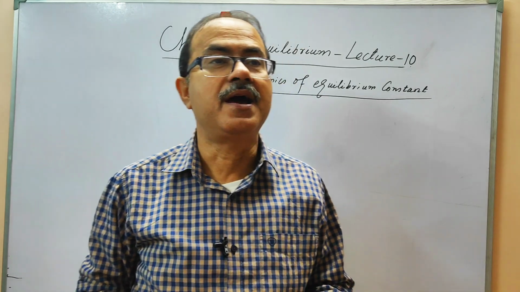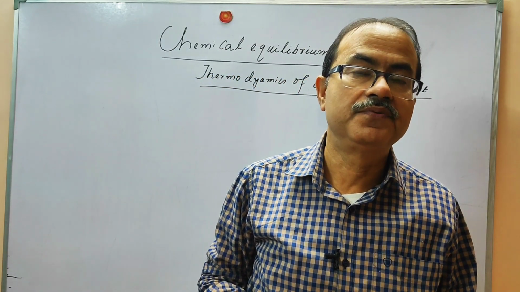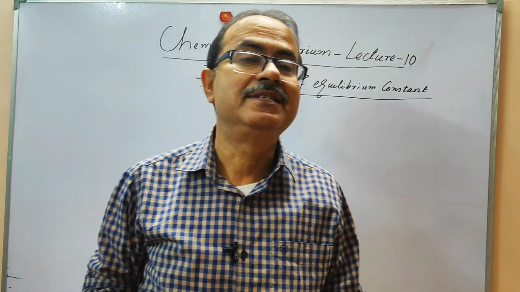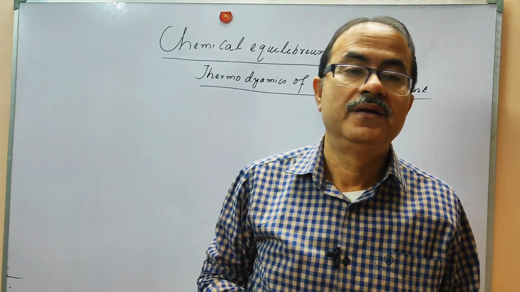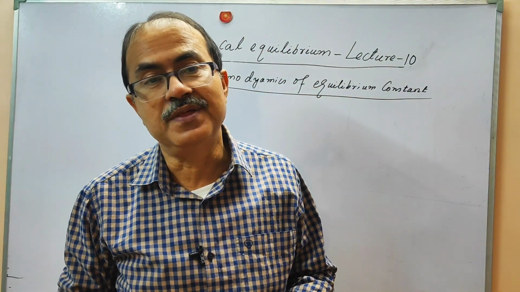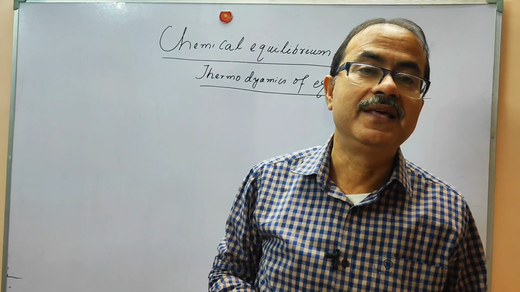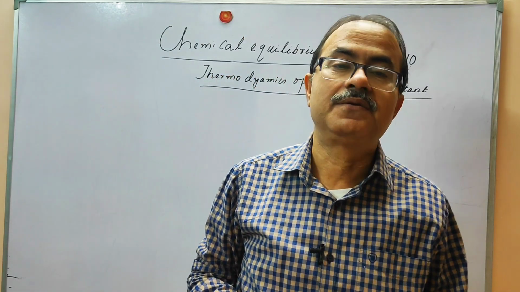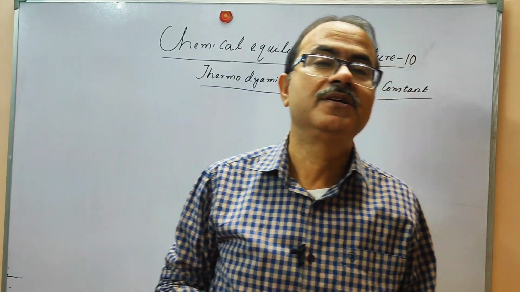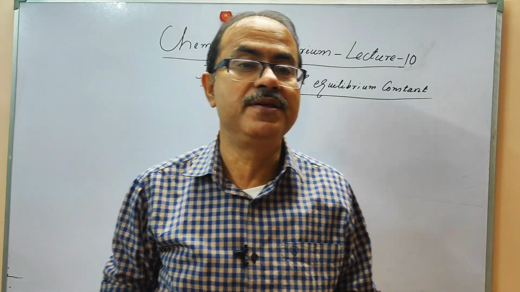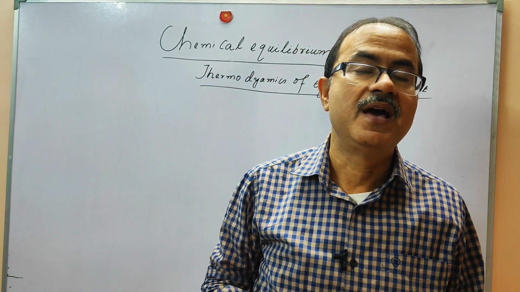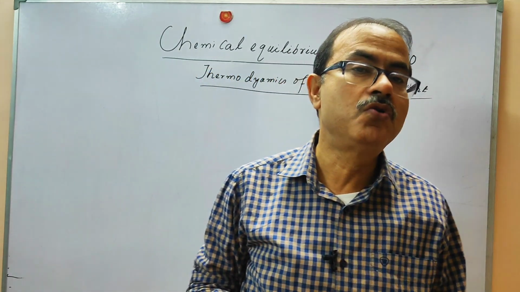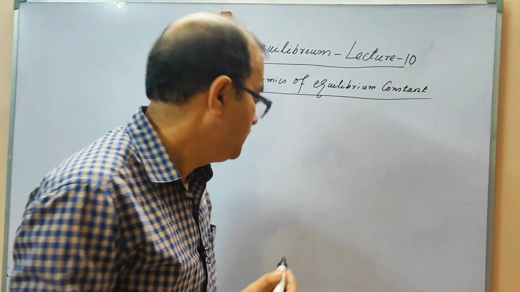But the equilibrium constant has a very deep relationship with the thermodynamics of the reactions, and that is through the Gibbs free energy change, that is del G. In the thermodynamics chapter we have already studied how del G is a very important parameter of a reaction, and it determines whether the reaction is spontaneous or non-spontaneous, right?